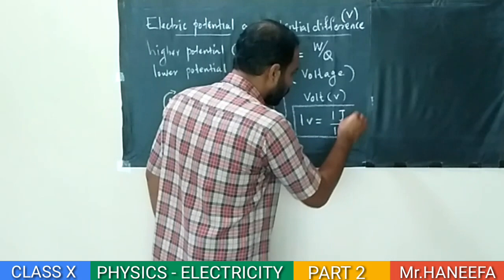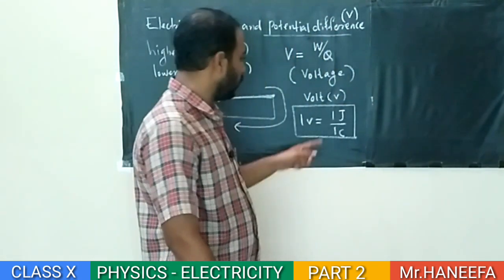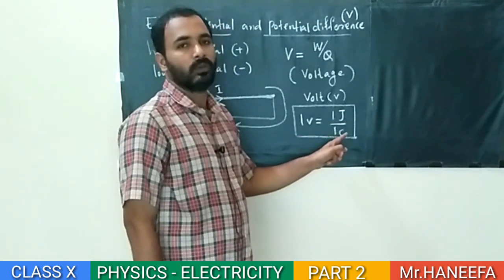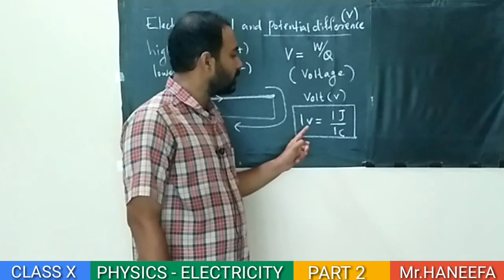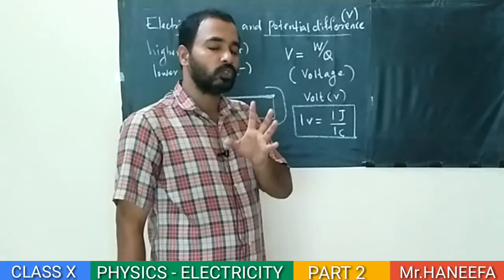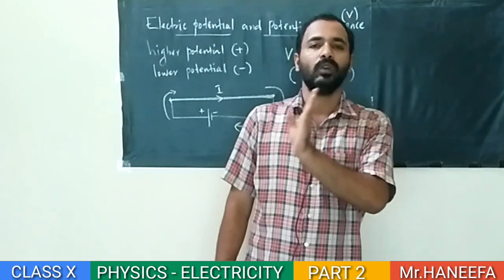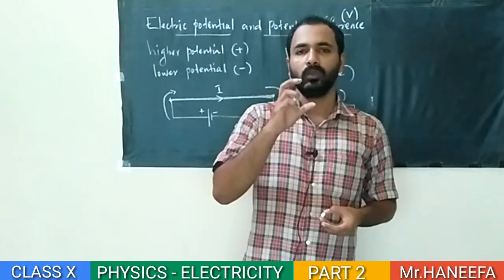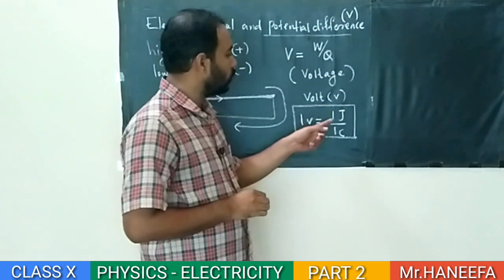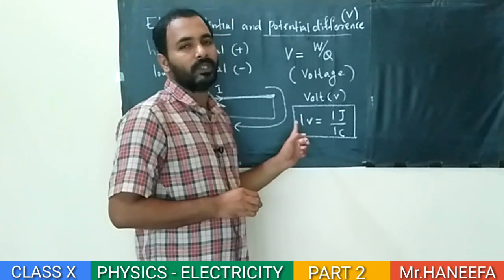This is the definition of 1 volt. 1 volt is equal to the work done of 1 joule to move 1 coulomb charge from one place to another place. That is equal to 1 volt.